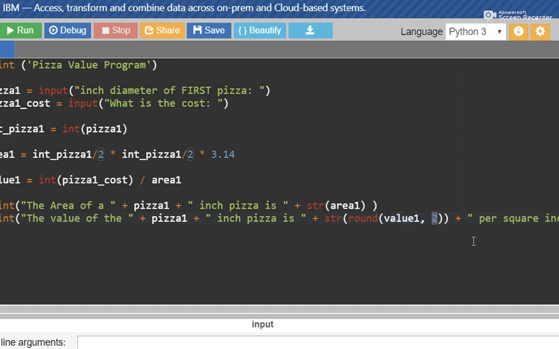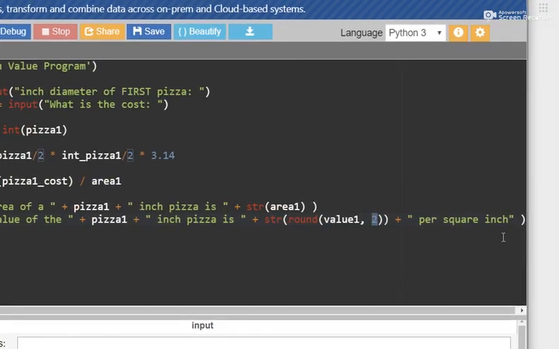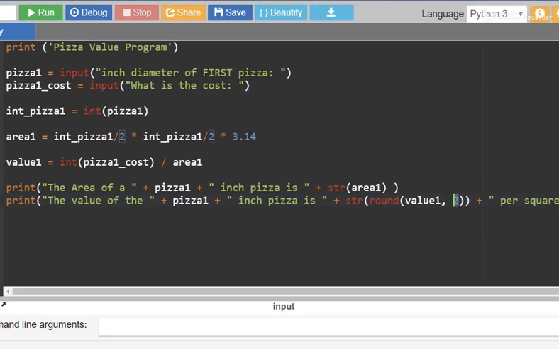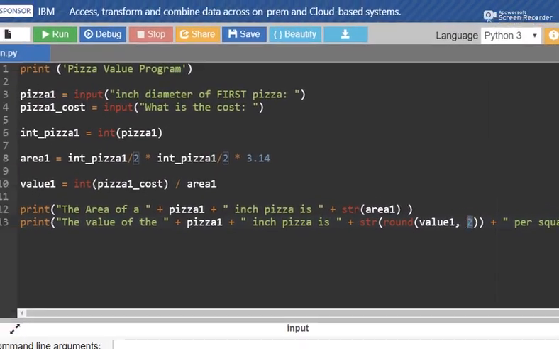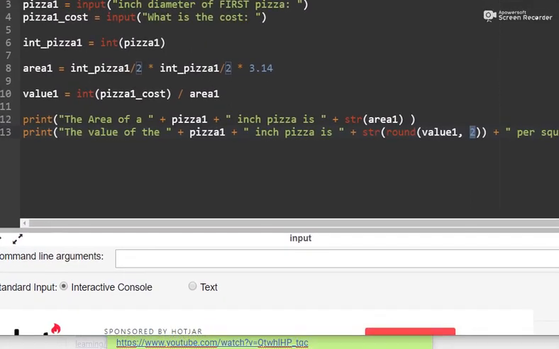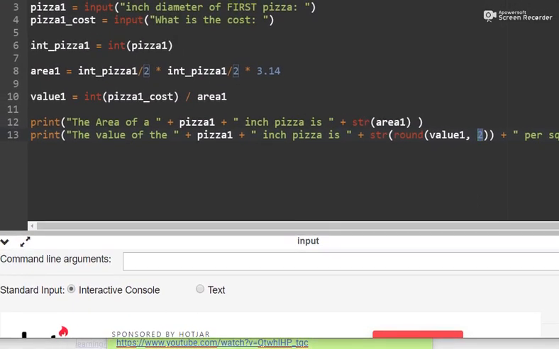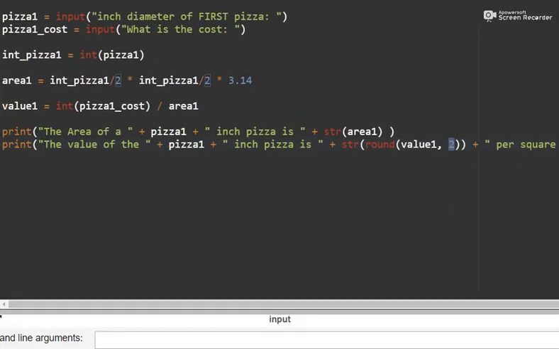That's per square inch in this case, because we input it in inches, we're going to output in inches. You'll probably get a bit waylaid with opening and closing brackets, and that will be the most common error here: are you nesting your brackets? And that should run okay and give us the value of pizza 1. So let's run this and see that it works okay.